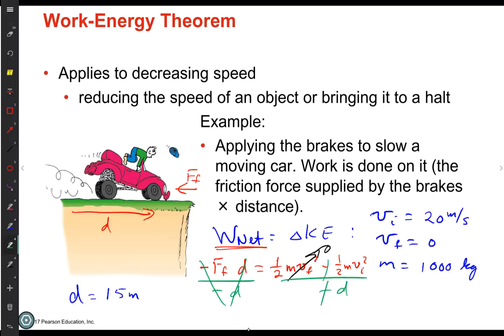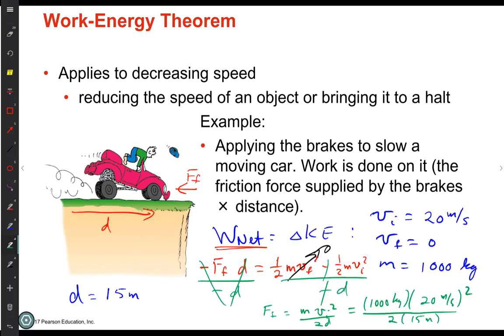And I'm left with force of friction is equal to mass times speed initial squared over 2 times the distance it slides. So that would be 1,000 kilograms times 20 meters per second quantity squared over 2 times 15 meters.